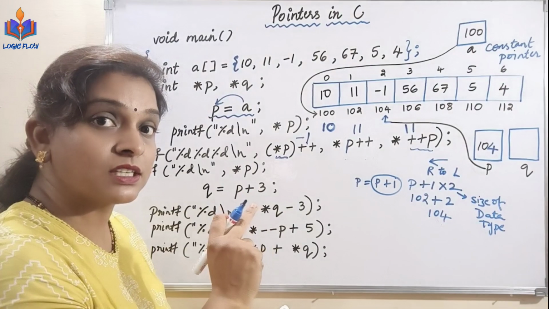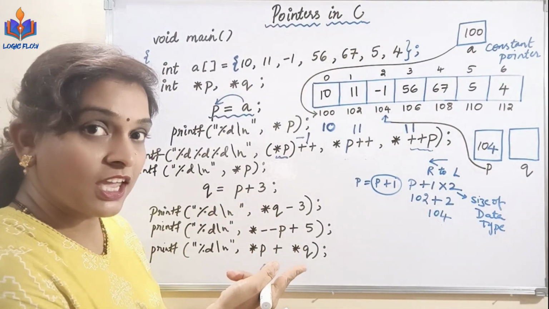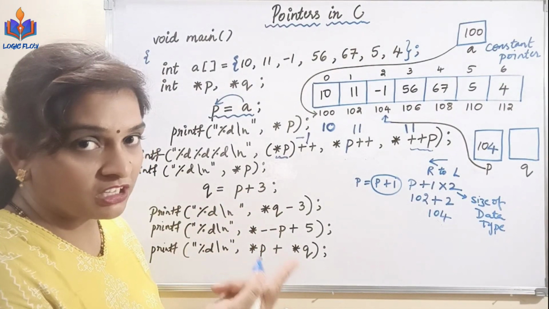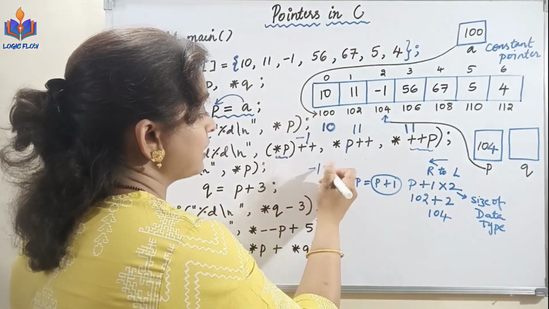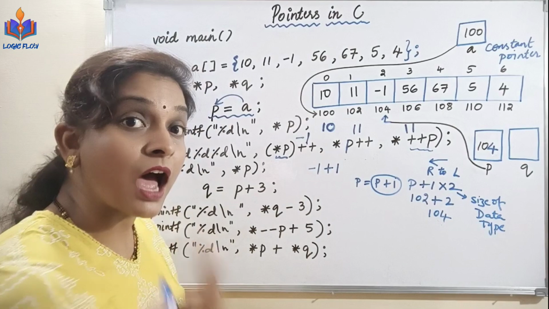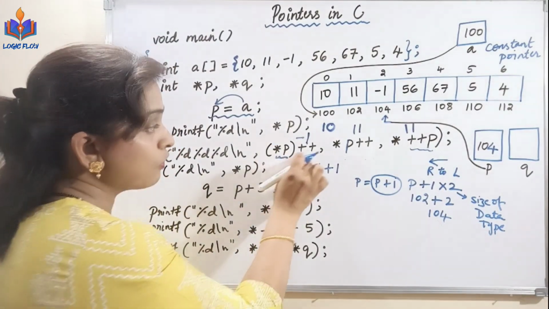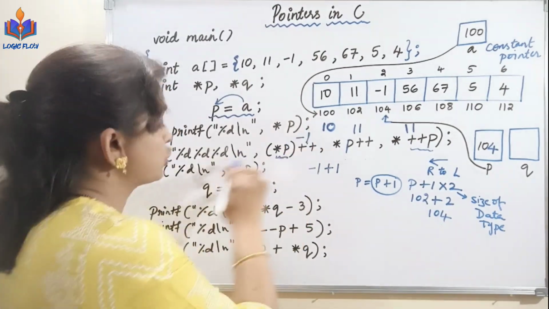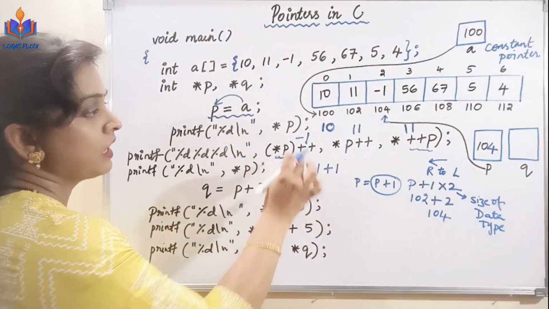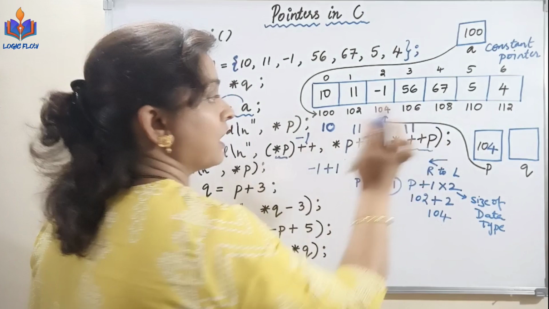As it is postfix incrementation, it will be done afterwards, so -1 plus 1 will be done afterwards. But right now for this line, the value will be -1. So for this complete line, my answer will be -1, 11.